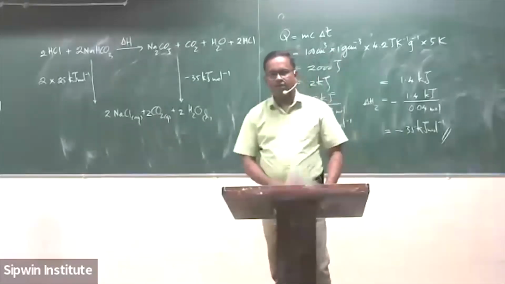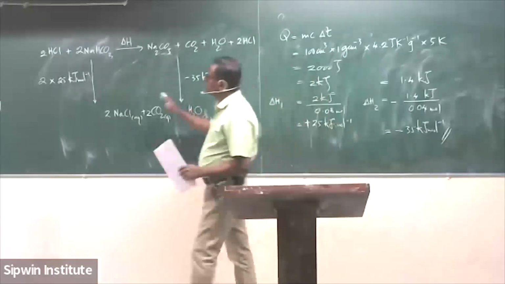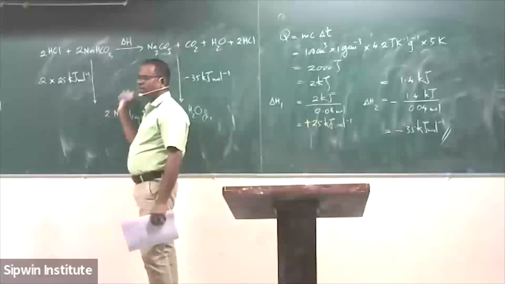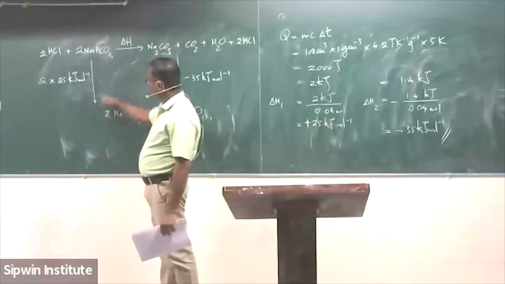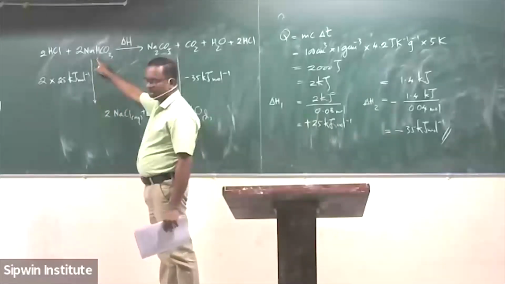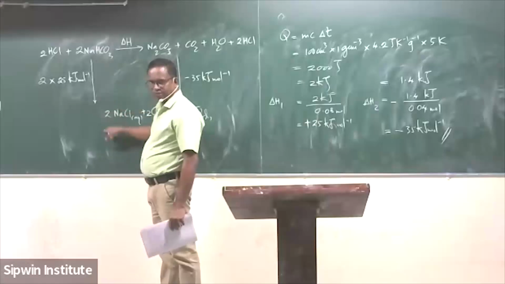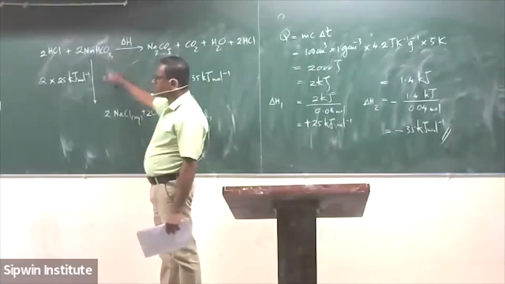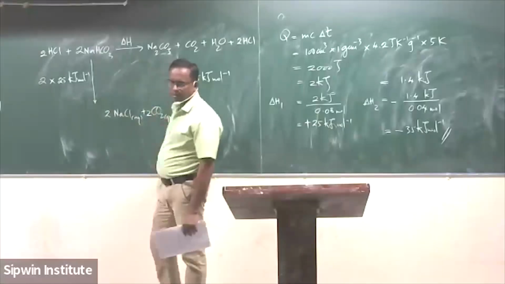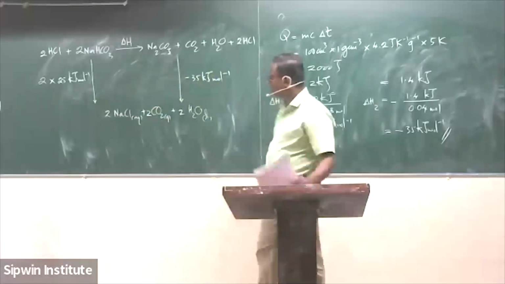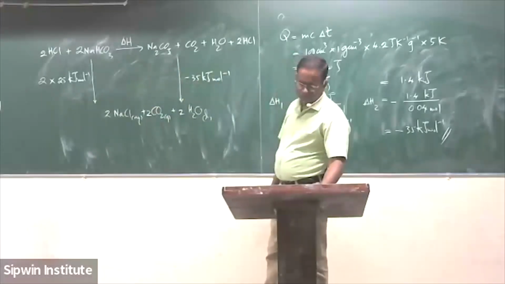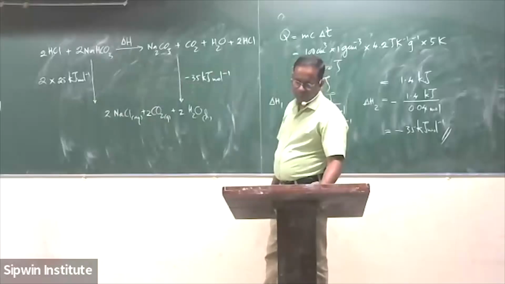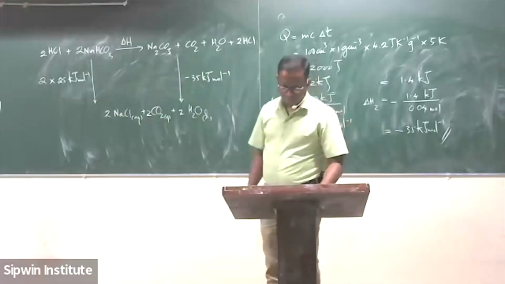If you go to the answer without writing this, you don't get the cycle marks. This step must be correct: physical states, balanced equation, and a value should be here. Then you get the answer plus 85, delta H is 85 kilojoules per mole.